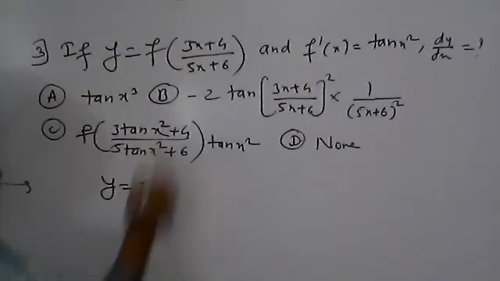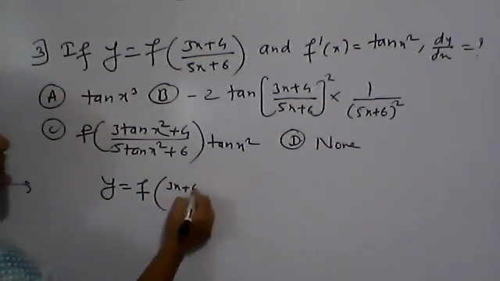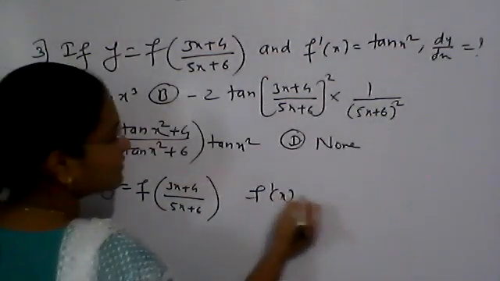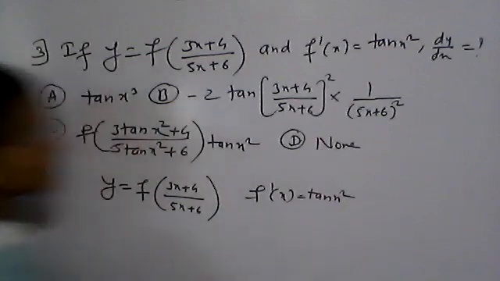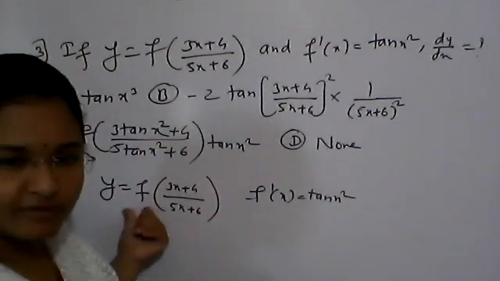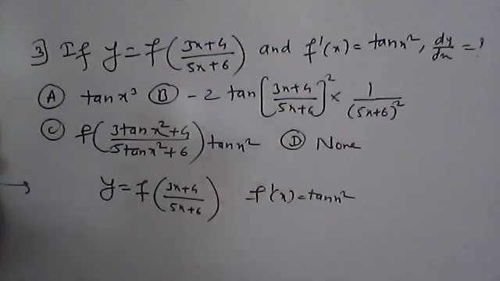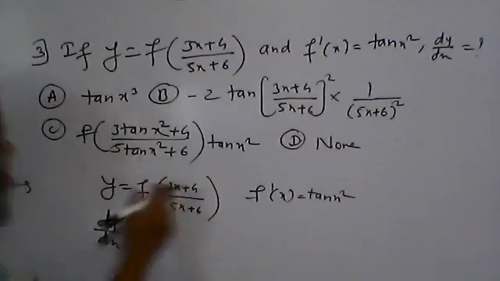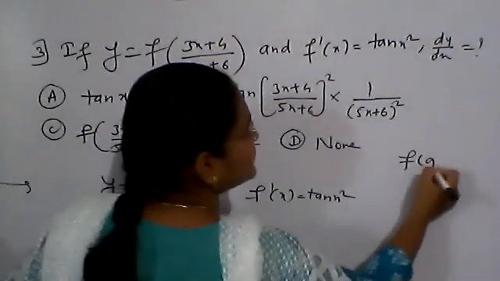See, what is given? y equals f of the function 3x plus 4 upon 5x plus 6, and f dash was given as tan of x square. Now students, if we differentiate this y with respect to x, what will we get? dy by dx. F of this is given, so can we write this as f of g of x?